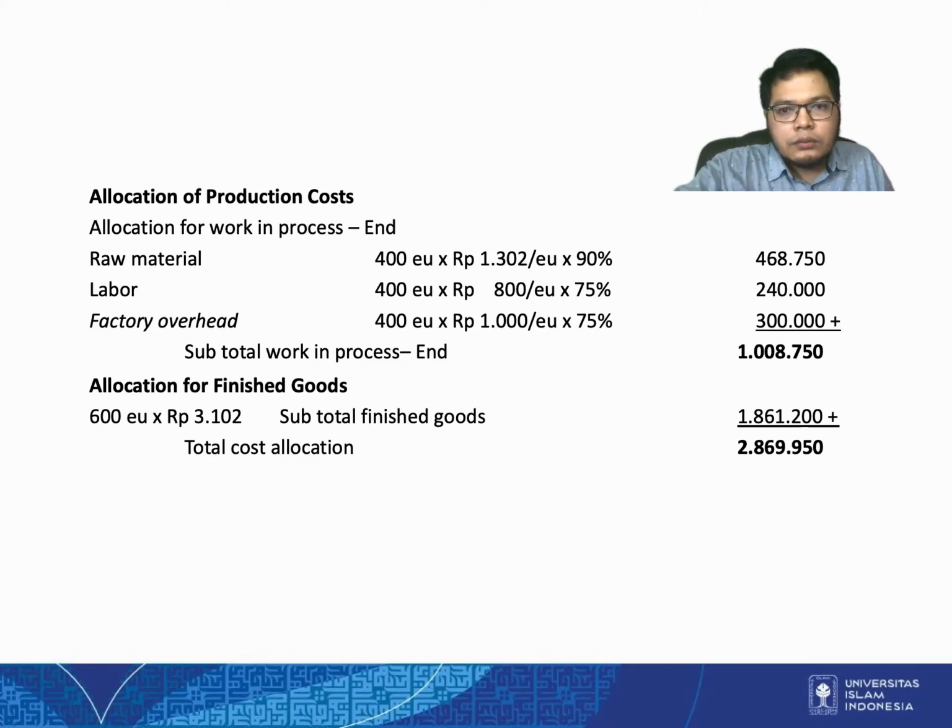So the total work in progress is this cost. As for the finished goods, because they are already finished, we use the total: 600 EU times 3000. So this is the number. The total cost allocation is this number.